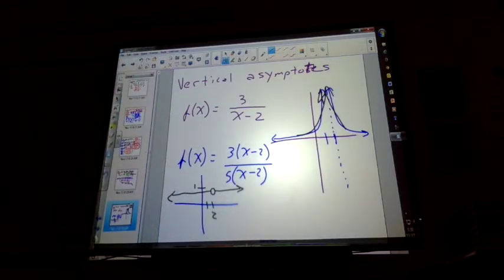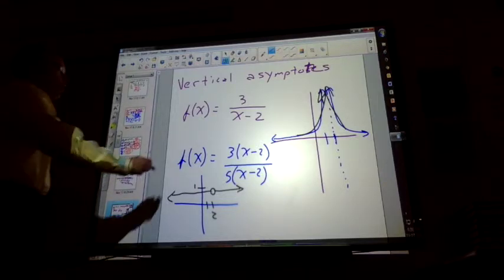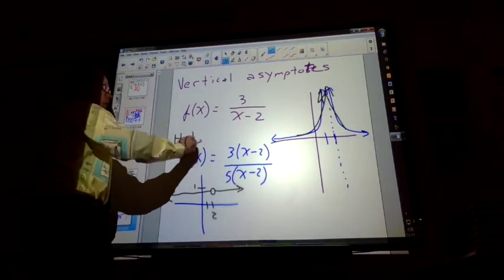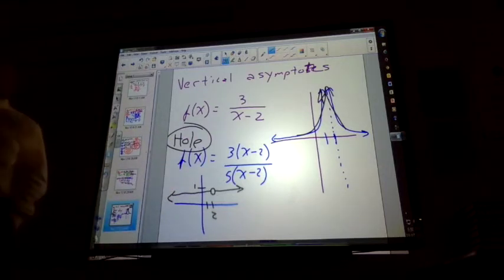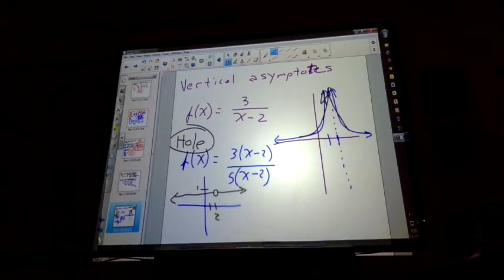A hole is something you can approach really close, but when you get to it, you jump over it. So holes and asymptotes are a little bit different. This creates a hole in the graph. It's still an undefined term. When you graph it, you don't necessarily see it unless you zoomed in like 40 different times. If you went to the table, you would see at 2 an error, meaning it's an undefined term. So that's a hole.